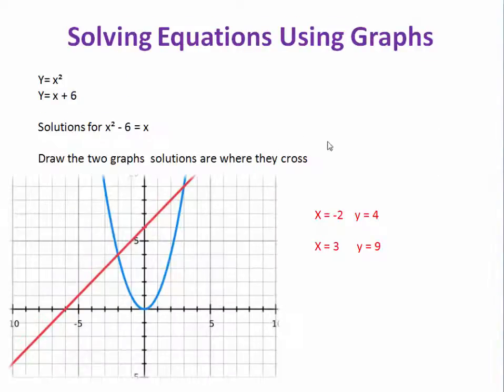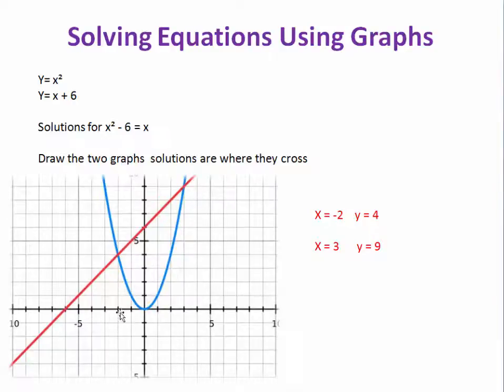Okay, a similar question. Again, we've got our quadratic curve here, y equals x squared, and our straight line, y equals x plus 6. Where the two cross is our solutions. So our two solutions are here at x equals 3, and y is 9.